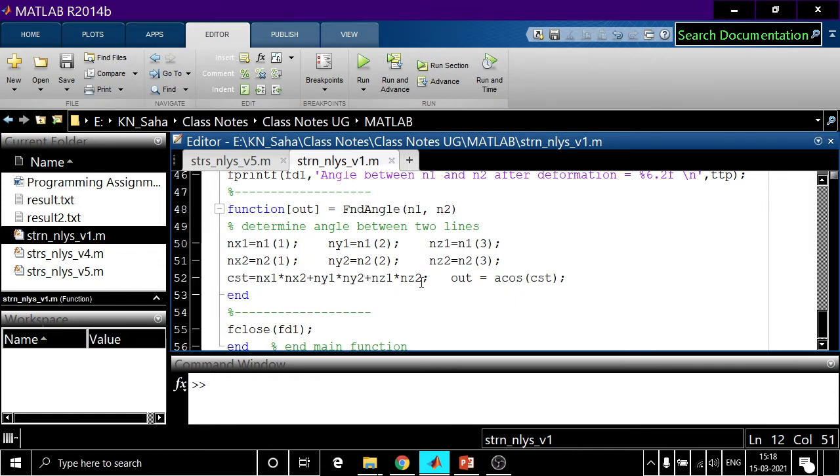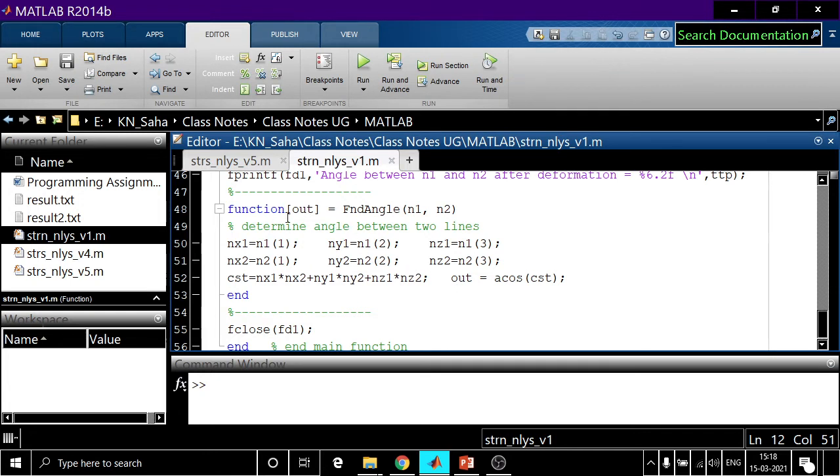And acos is an inbuilt function in MATLAB which provides cos inverse. So cos inverse of cos theta is theta, and this theta is given as output.